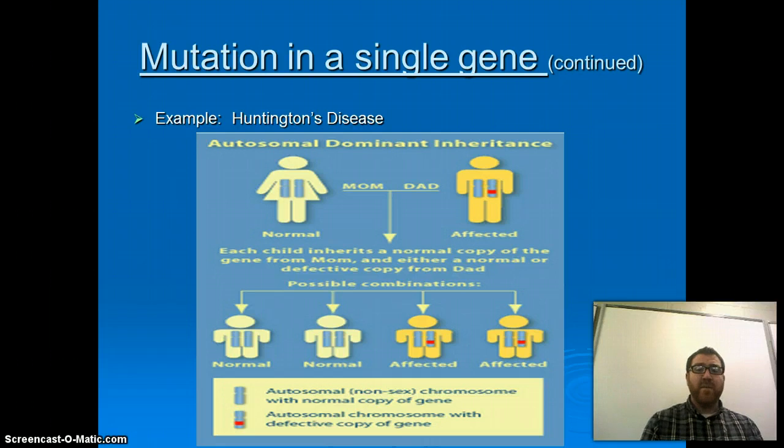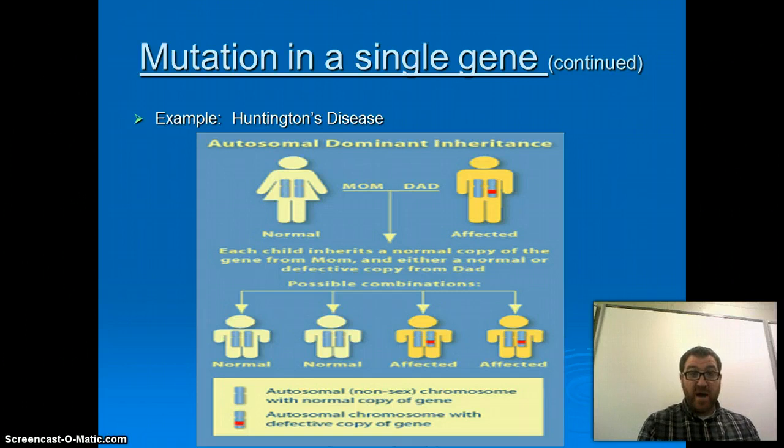I want you to stop and think here with the possible combinations. What do you think the dad's genotype is for this? Do you think it's a dominant, or do you think it's a dominant recessive genotype? Go ahead, pause and think about this for a sec. All right, hopefully you said that the dad in this case is going to be heterozygous for Huntington's disease, or have the dominant and recessive allele.